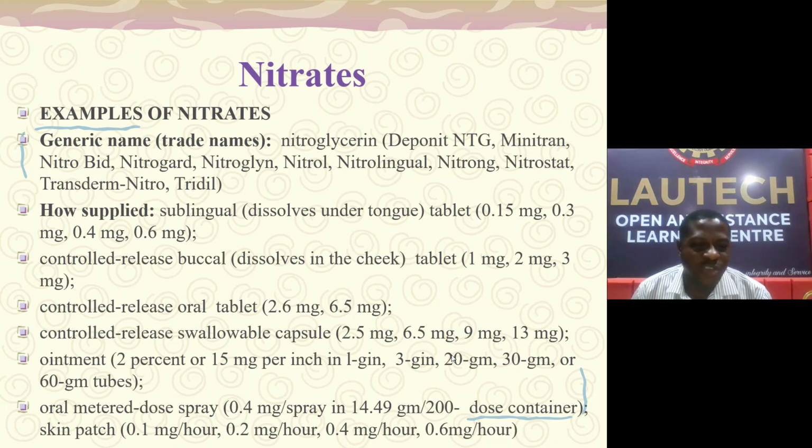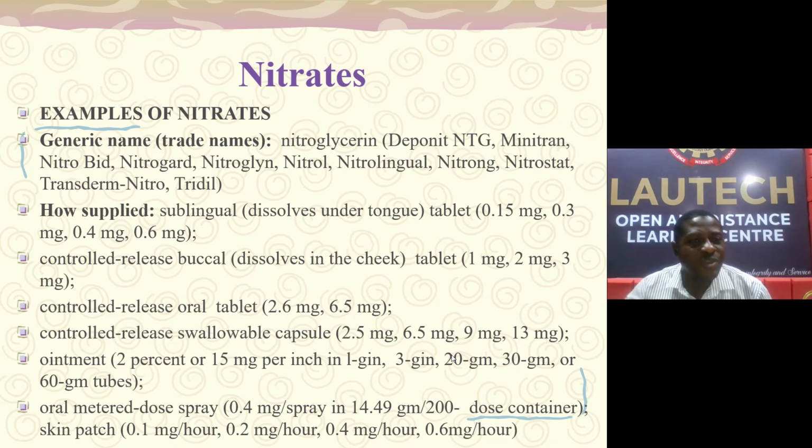Then we have the ointment, supplied as 2% or 15 milligram per inch, in 1 gram, 3 grams, 20 grams, 30 grams, or 60-gram tubes. Oral metered dose spray is 0.4 milligram per spray in a 14.49 gram, 200-dose container.